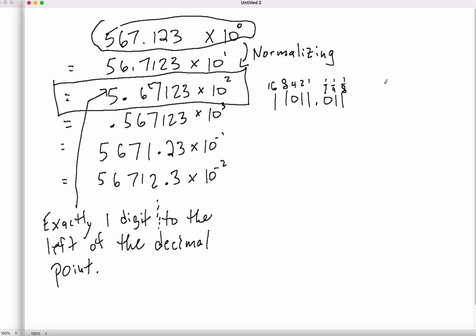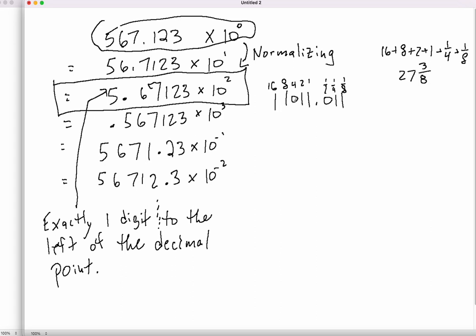So this number here is really 16 plus 8 plus 2 plus 1 plus a 4th plus an 8. So that's 24, 26, 27. So this is really 27, and this would be 3/8.